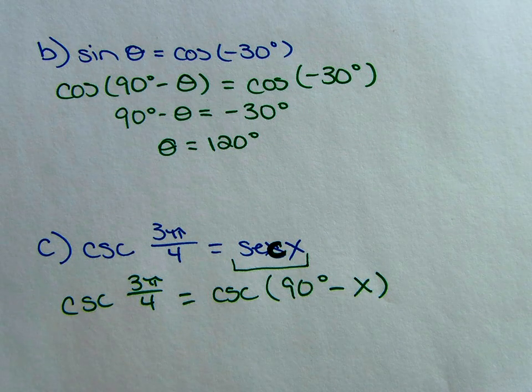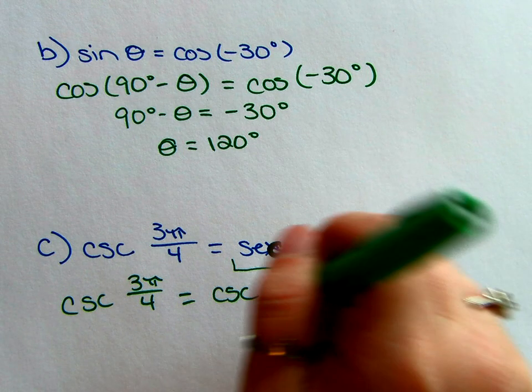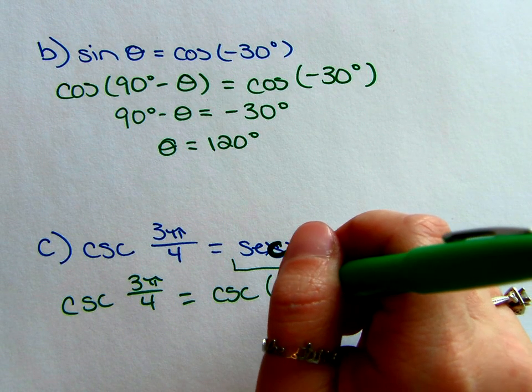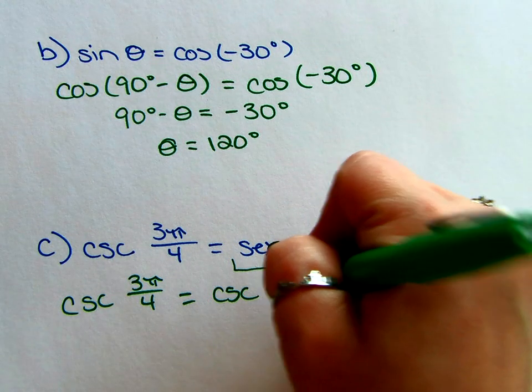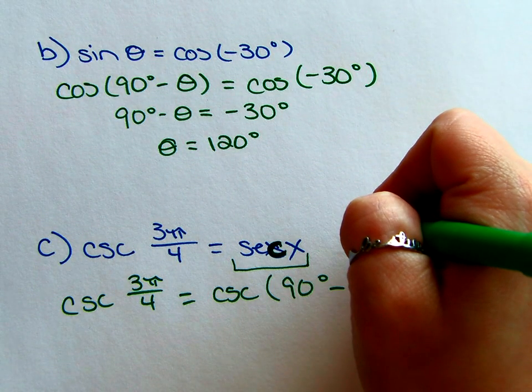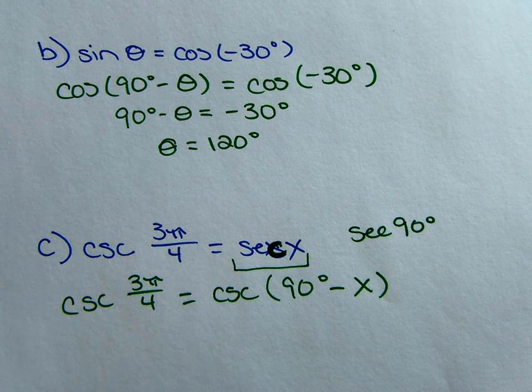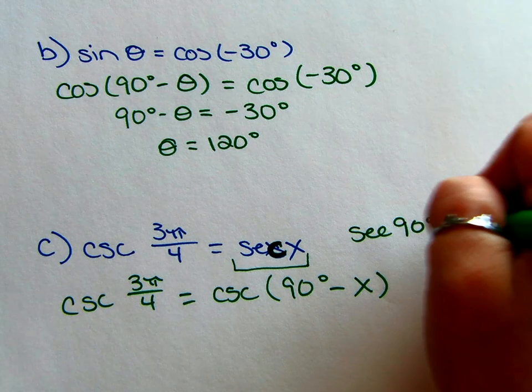Now here's the problem though. Now we have a problem that has radians and degrees at the same time. And since they give us radians, we need to stick with radians. So I need to be able to convert this over here. What I really need to know is, what is 90 degrees in its exact radian form?